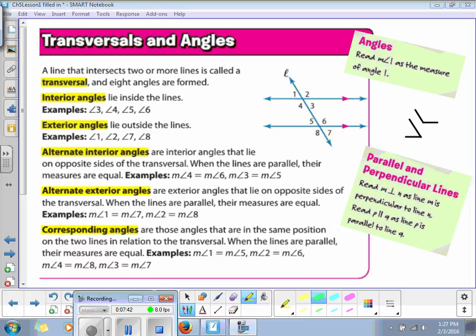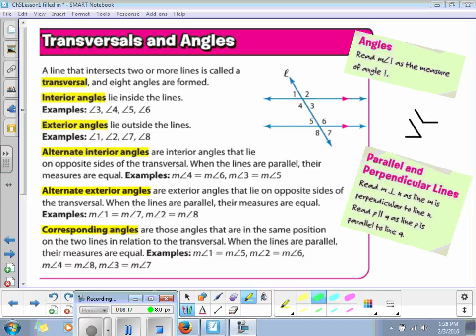Corresponding angles are those angles that are in the same position on the two lines in relation to the transversal. When the lines are parallel, their measures are equal. So corresponding angles are also congruent. Okay? So when it says they are in the same position on the two lines, that means if one is on top of the line up here, then down here it's going to be on top of the line down here.